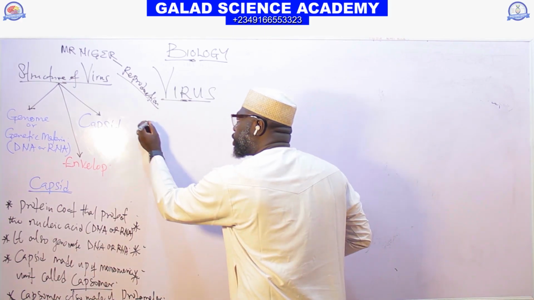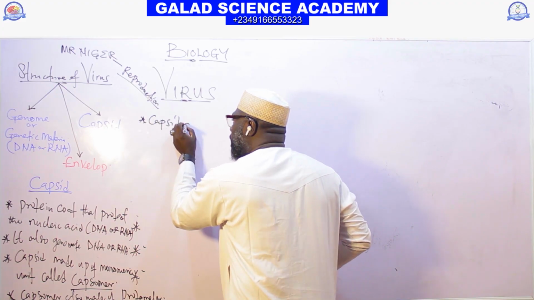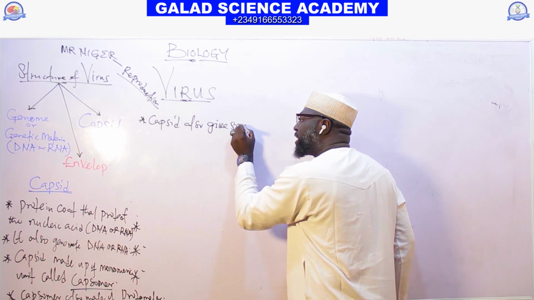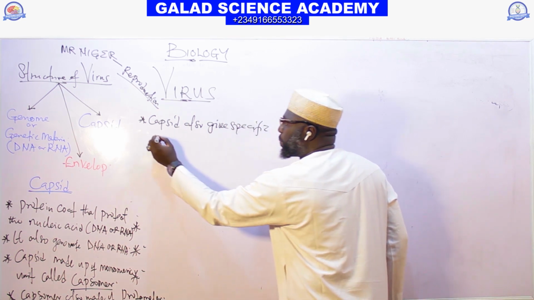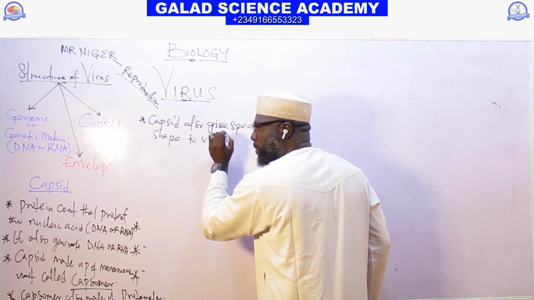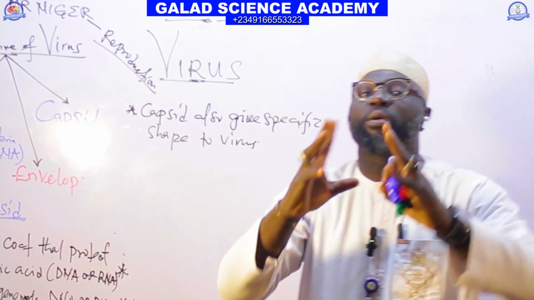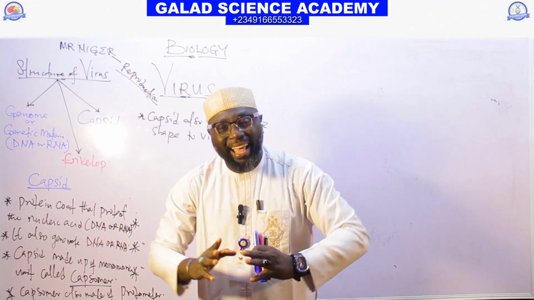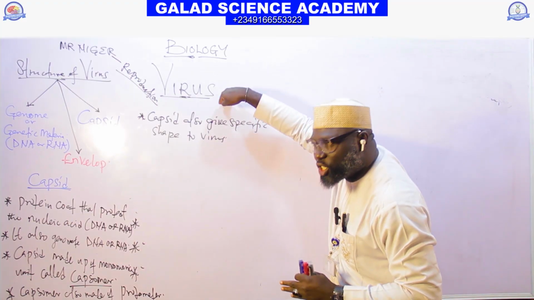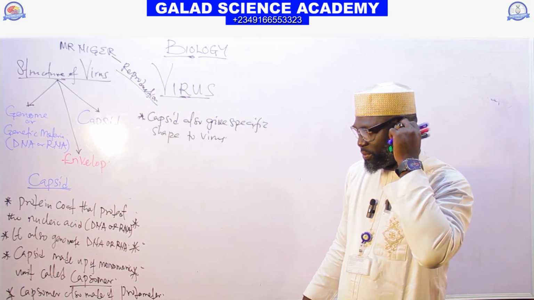So the capsid also gives specific shape to virus. This tells us that all virus don't have the same shape. Virus exists in different shapes due to the kind of capsid the virus has.